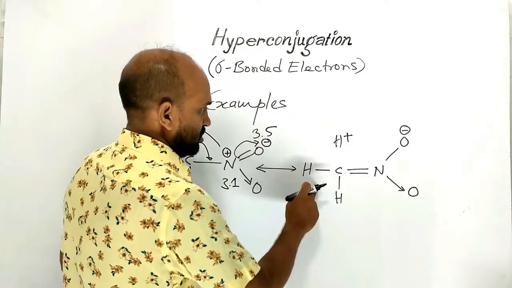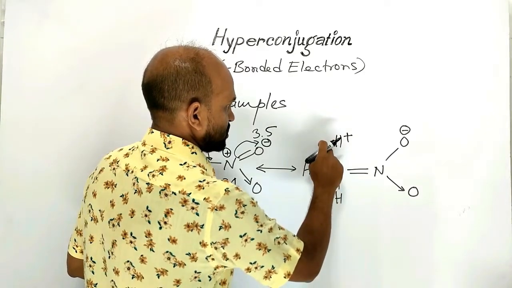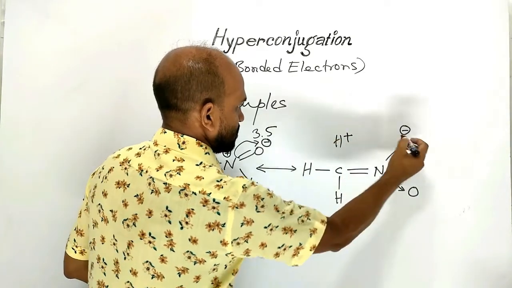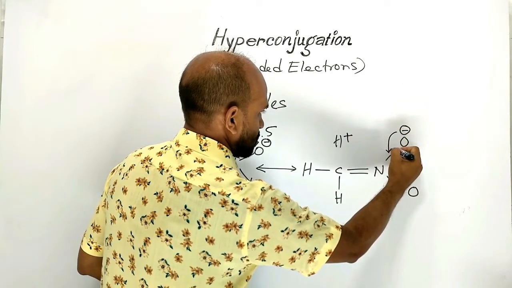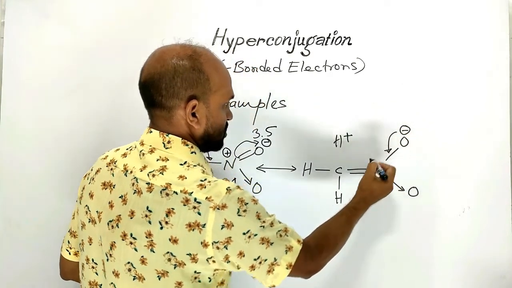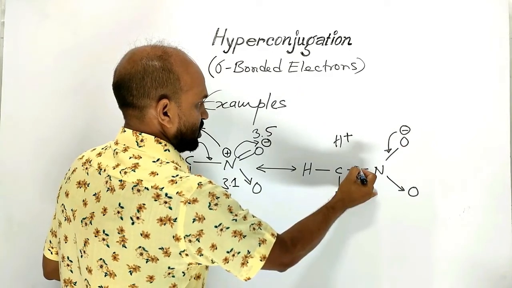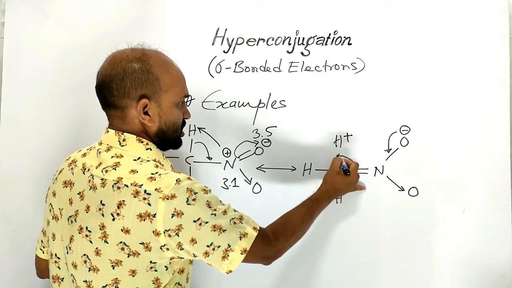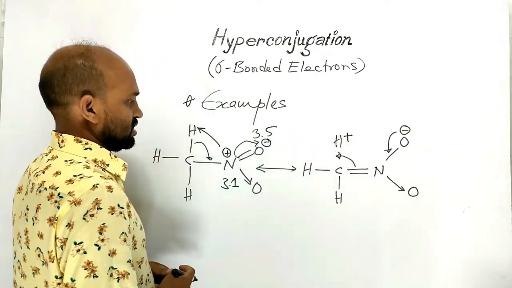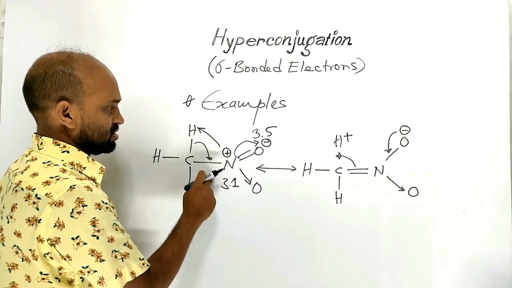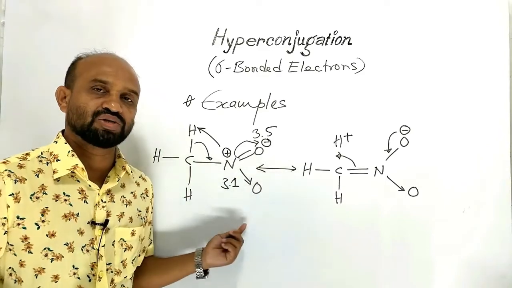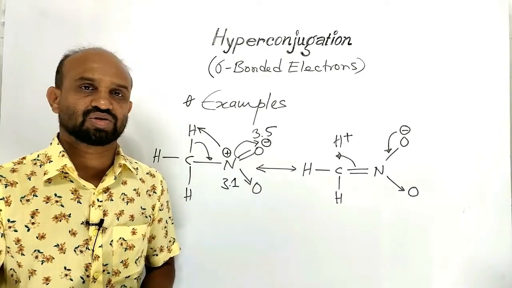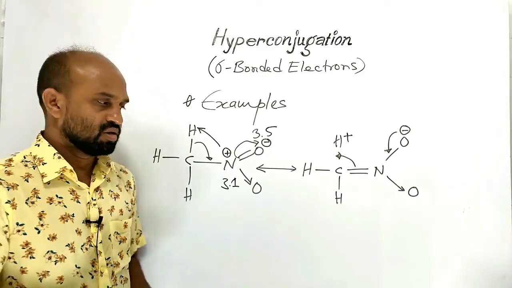Because of the positive charge on the proton, this electron pair turns into a covalent bond, which turns again into a sigma bond, and as a result we get this compound again. That means these two compounds are resonance structures of nitromethane.